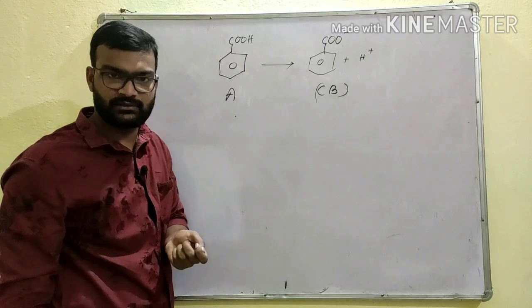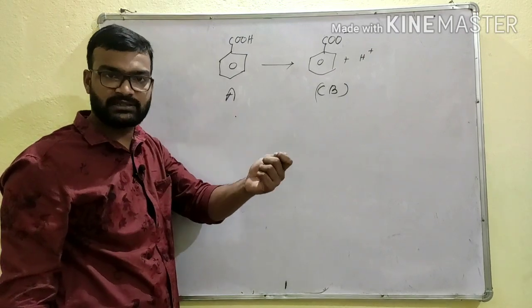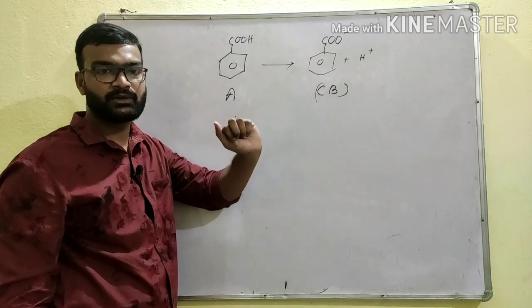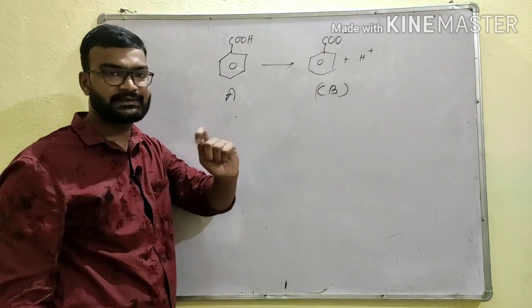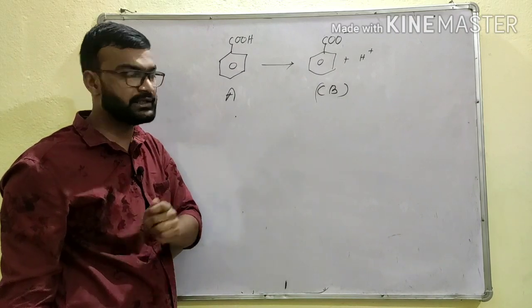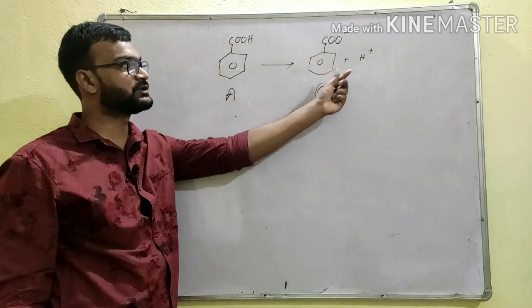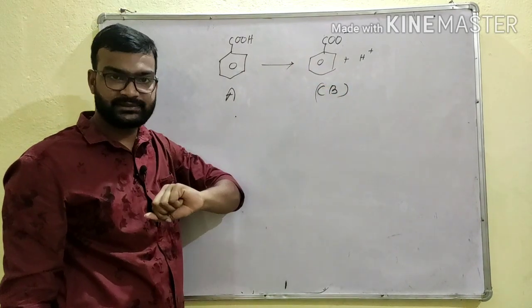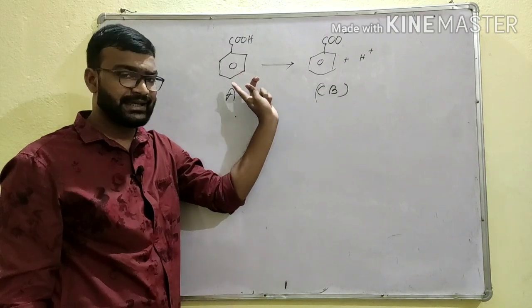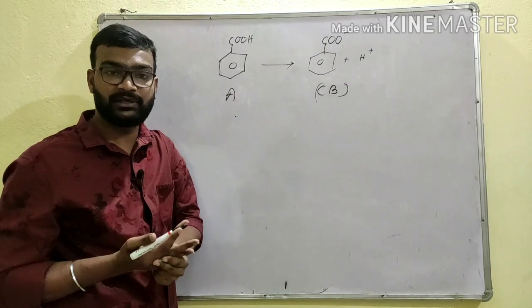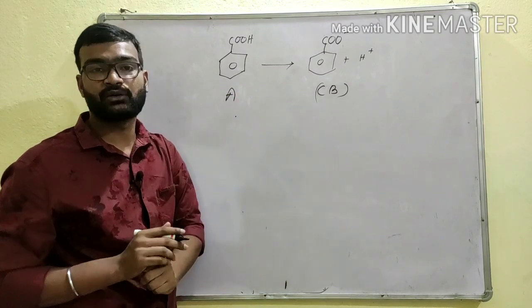For any acid having H plus, after the donation of the H plus, it will give a conjugate base. From the Bronsted and Lowry acid-base concept, the conjugate acid-base pair theory, we know that any acid after donation of H plus, whatever remains is our conjugate base. So the acidity, that means how strong the acid will be, depends on the stability of the conjugate base.